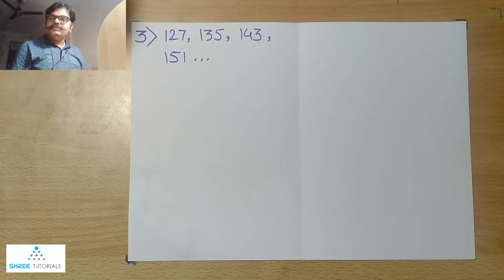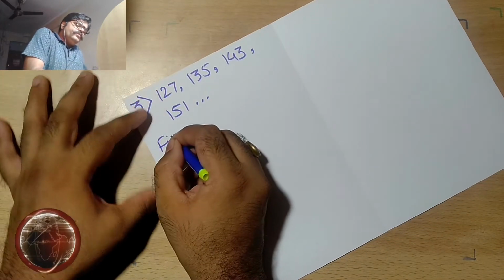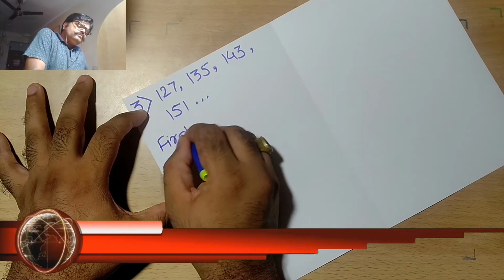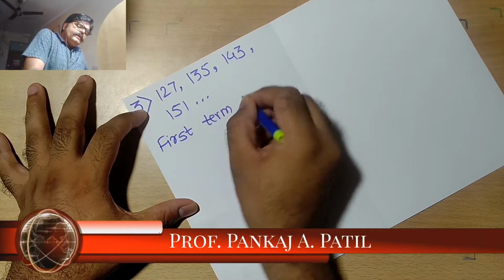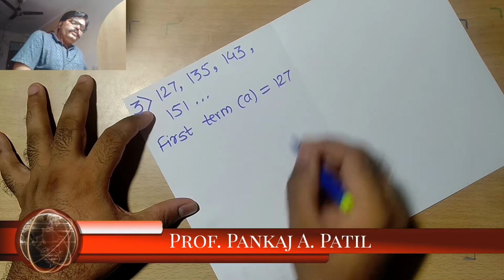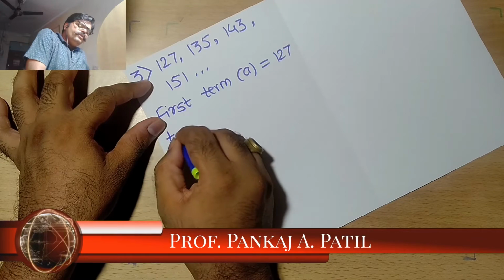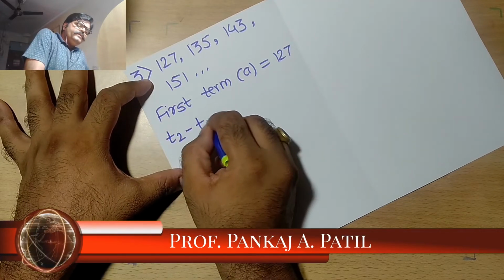Okay, in this sum as well, they have asked us to calculate the first term and the common difference. So what is the first term? The first term, that means A, is equal to 127. Now to calculate the common difference, we will have to do T2 minus T1.